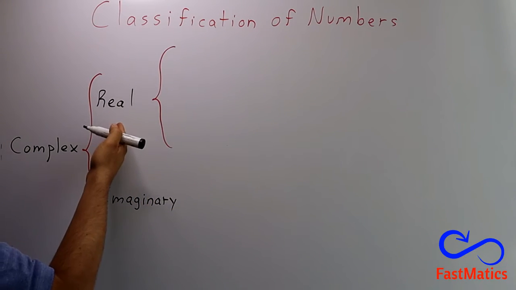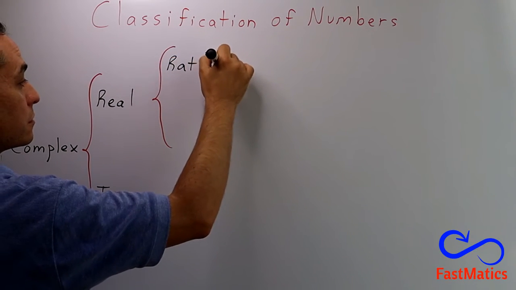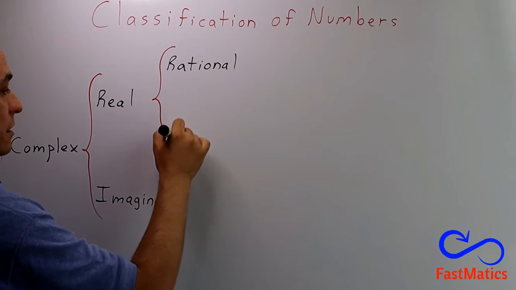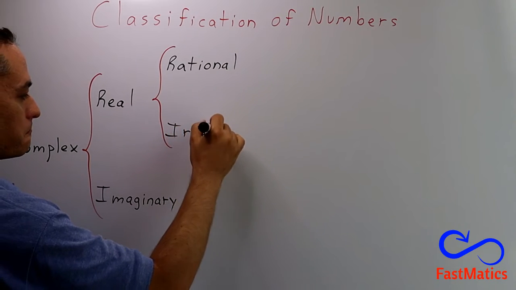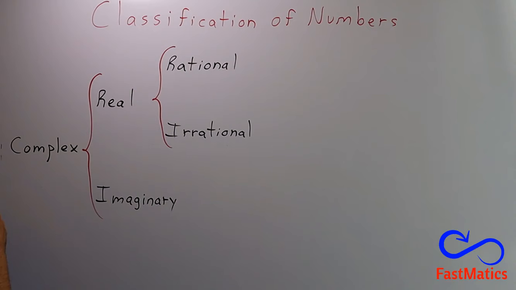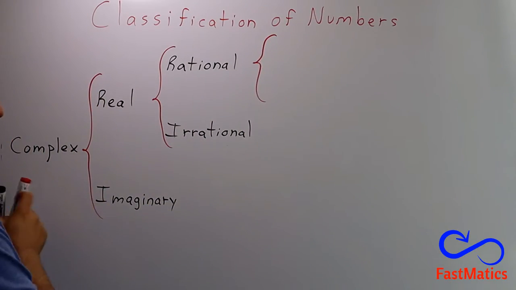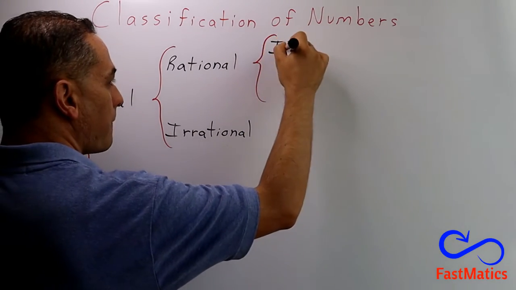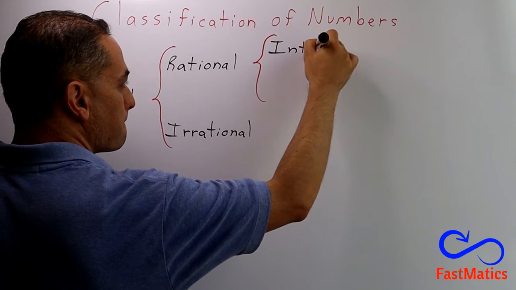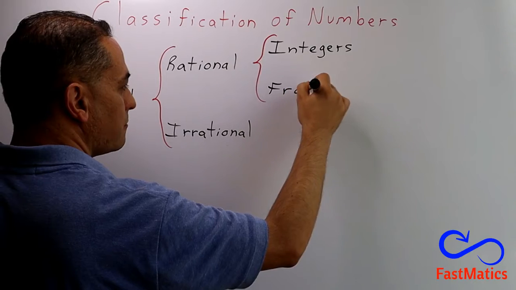Into the real number set we have the rational numbers and irrational numbers. Into the irrational numbers set we have integers and fractional.